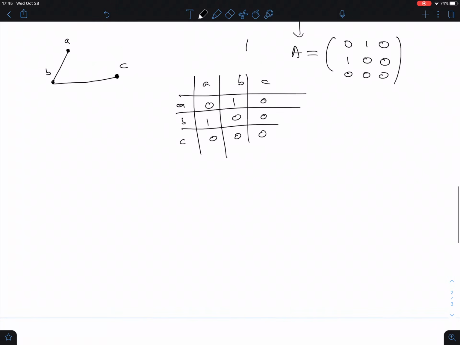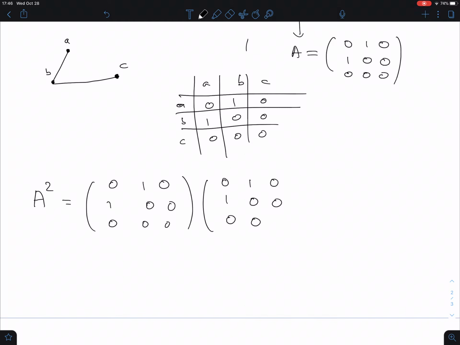Okay, so that's that. Now I hope everybody knows what matrix multiplication is. So I want to calculate A squared. So I want to multiply this matrix with itself. Okay, what do we get?